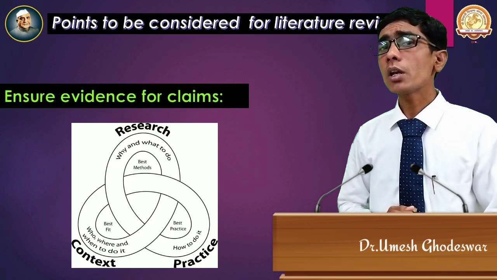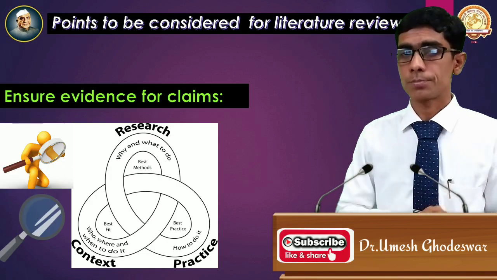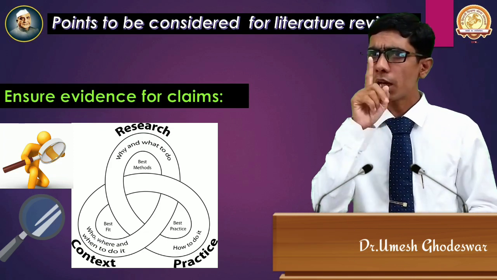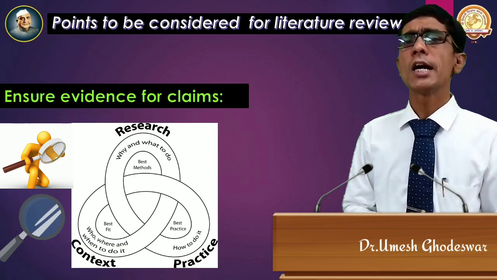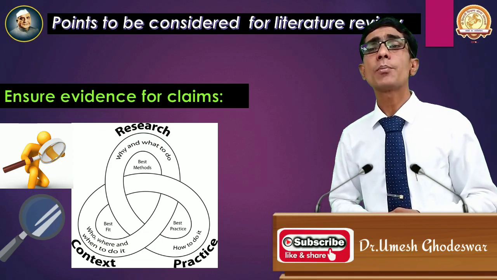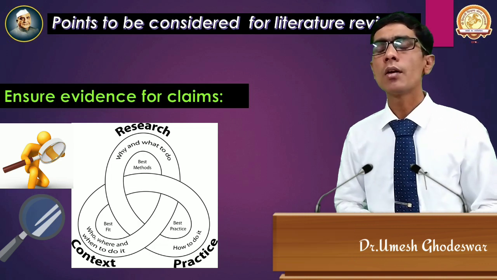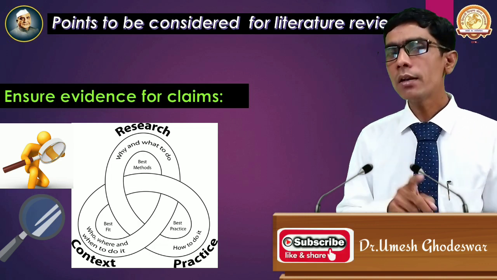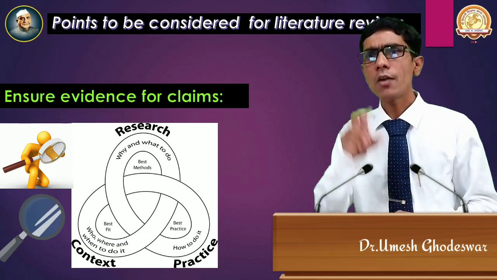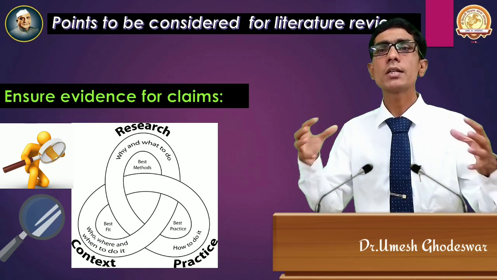Then ensure evidence for claims. Most important, ensure evidence for claims. Researchers should focus on what support is given for claims made in the literature work. What evidence, and what type of evidence, is offered?